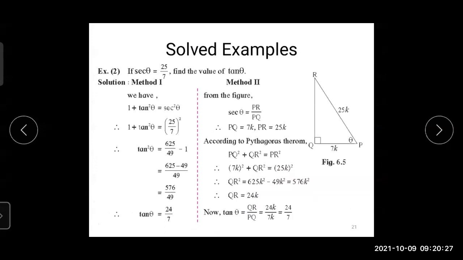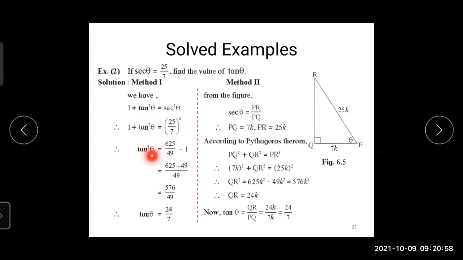Now the second solved example. If sec theta is equal to 25 upon 7, then find the value of tan theta. In the first method, 1 plus tan square theta is equal to sec square theta. So 1 plus tan square theta is equal to 25 upon 7 square.